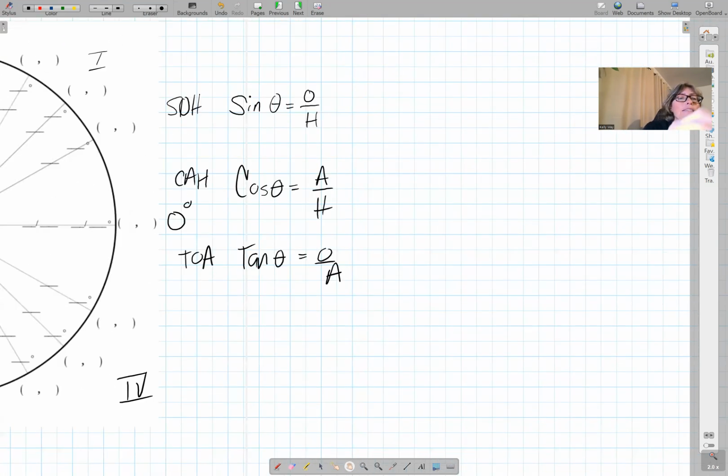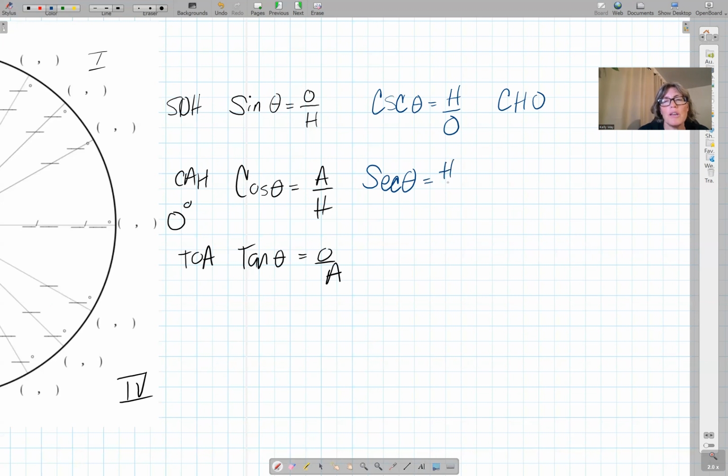Then you have these inverses. The first one is cosecant of theta equals hypo over opposite. The way I remember that, I think CHO. And then the opposite of cosine is secant theta, and that's going to be hypo over adjacent.